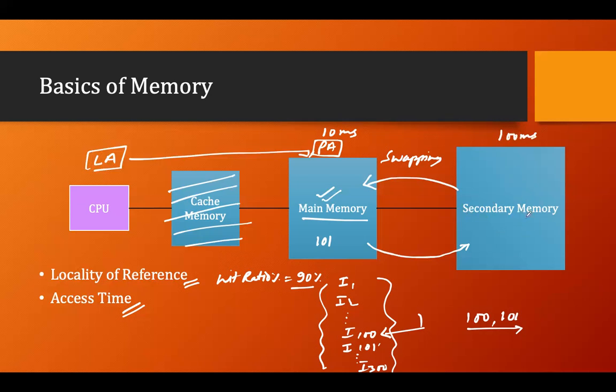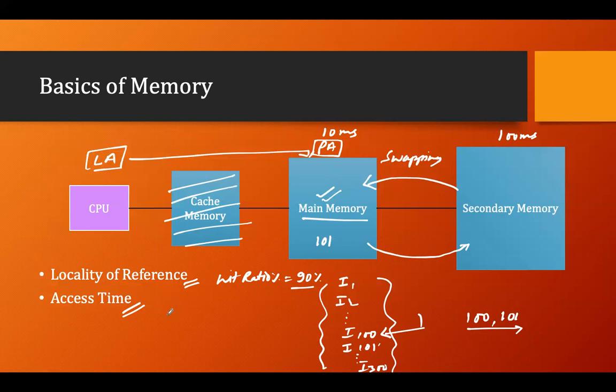So definitely to access those data, it requires more time. So the hit ratio is 90%, meaning 90% of the time the data I require will be in the main memory, and 10% of the time it is not there. So we have to fetch the data from the secondary memory to the main memory, right?